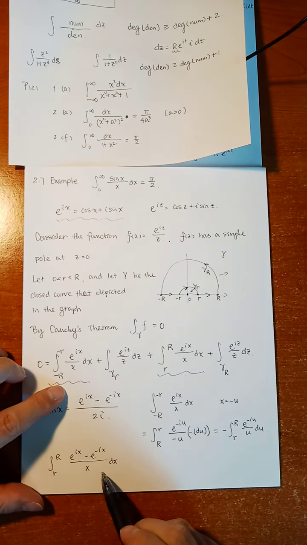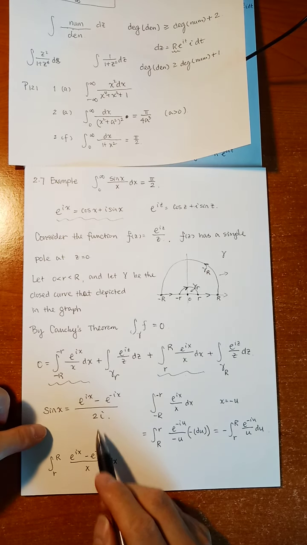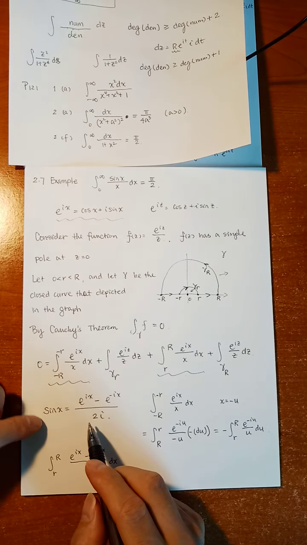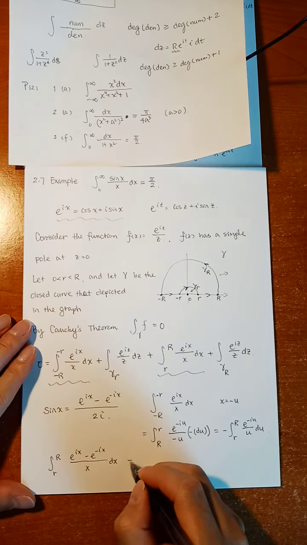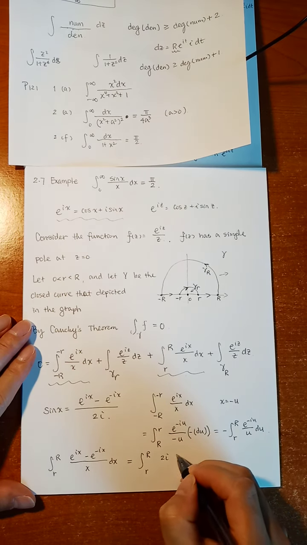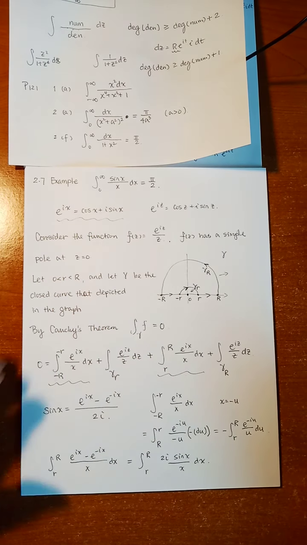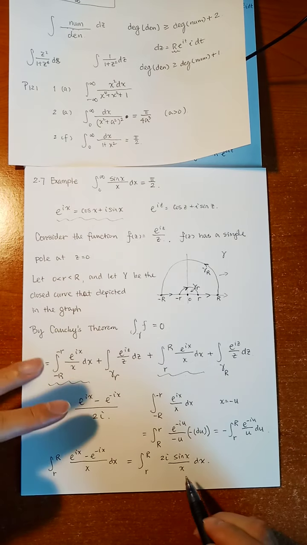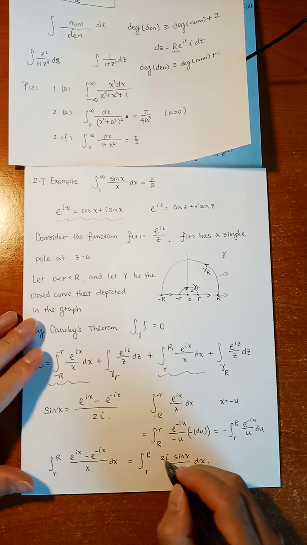These two terms are exactly this, and what is this? This is almost sine x. The numerator is almost sine x. It's actually the integral from r to capital R, 2i sine x over x dx. So these two terms will almost give you sine x over x, just with a coefficient of 2i.